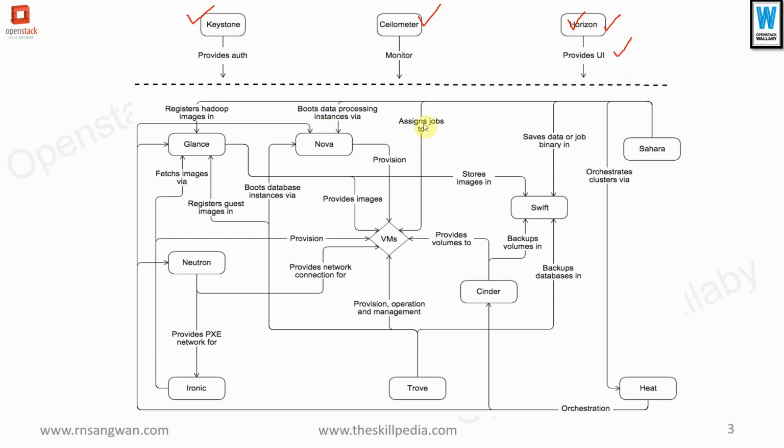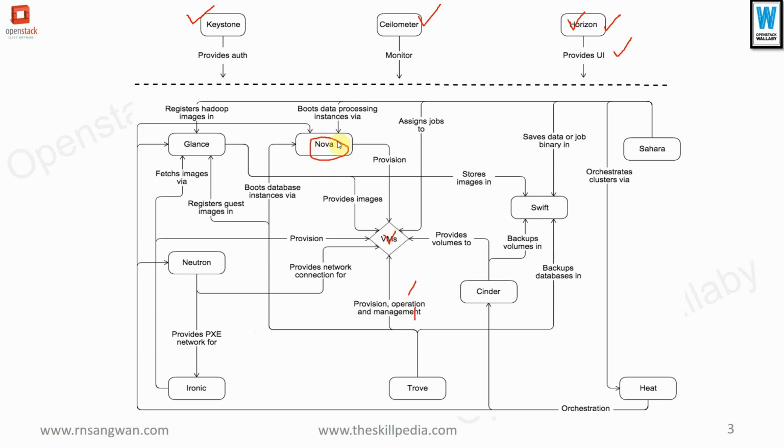When you are planning to launch a job, suppose you want to launch an instance, a virtual machine, how do these services interact with each other? You want to provision an instance, so your input goes to the provisioning, operation and management of the virtual machine. So who will do what?